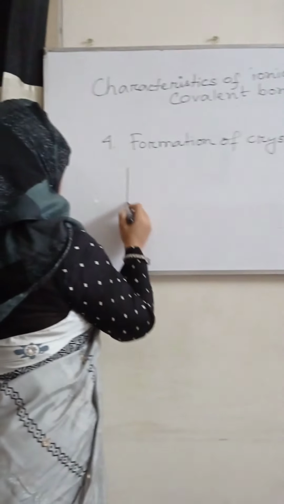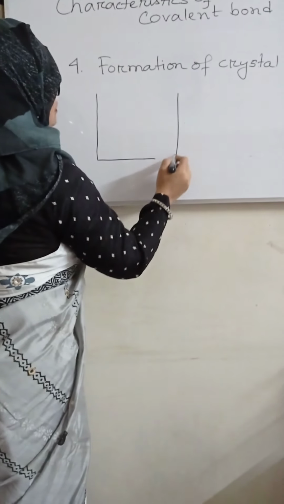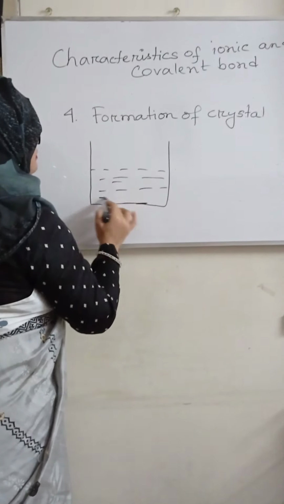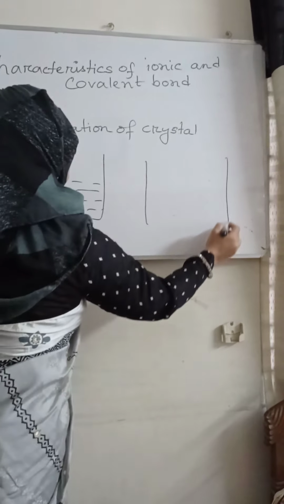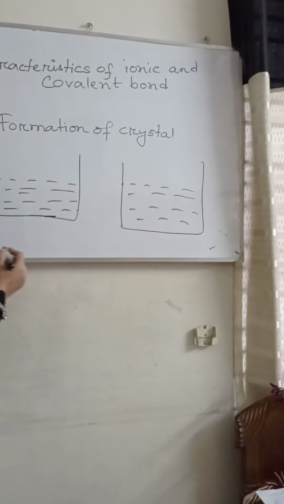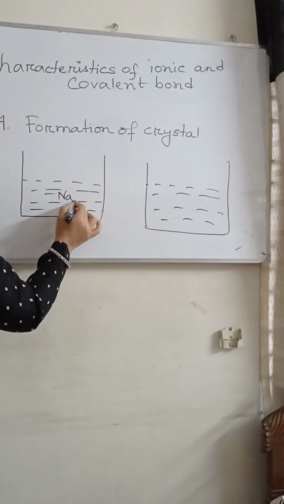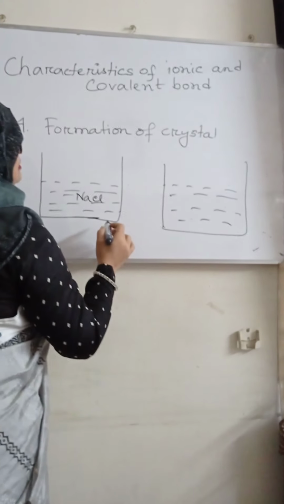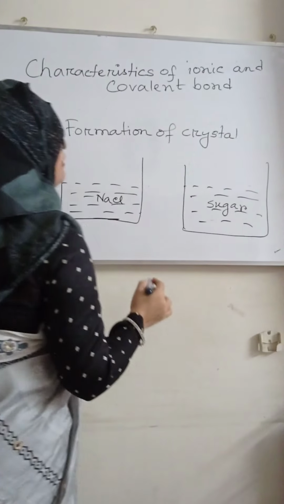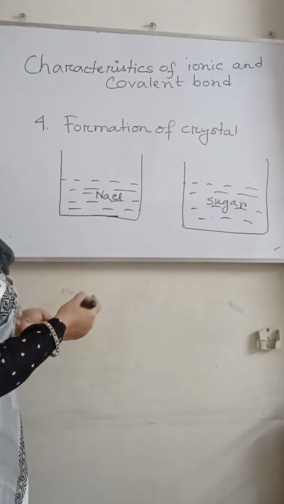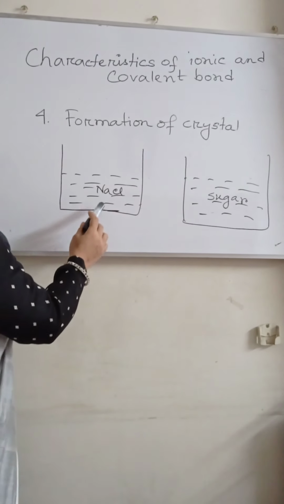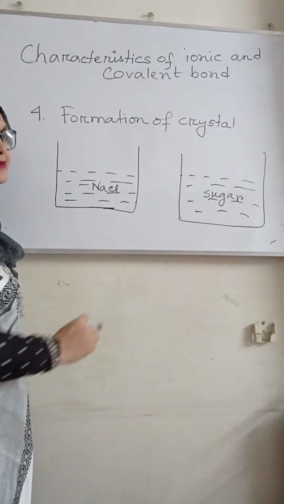Here, I will take two beakers with water, and add sodium chloride in one beaker and sugar in another beaker, and give some heat to dissolve as much sodium chloride and sugar as possible.